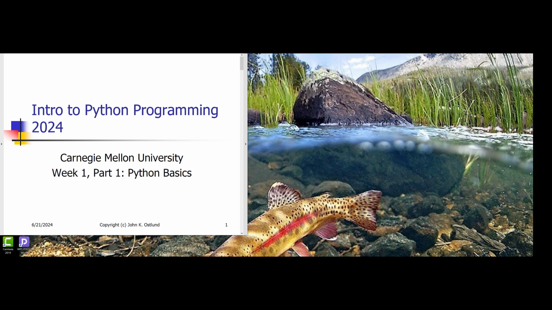Many of these videos were recorded during the summer of 2020 when we were using Python 3.7. Now in 2024, we are using Python 3.12 with Anaconda 2024.06. There are very few differences between Python 3.7 through 12, at least at the level of this course.